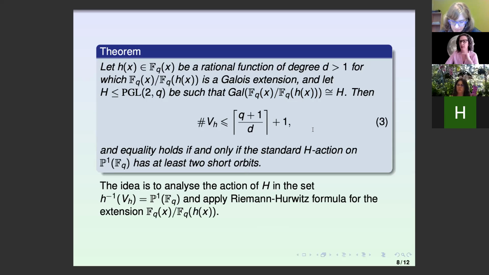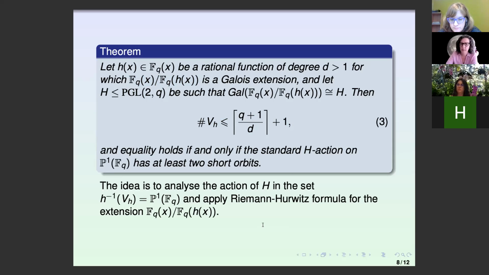You can show that you can have at most 3 orbits, and then you analyze the cases. So that's more or less the idea to prove this. So a Galois extension of this shape always gives you small value sets. And we are going to see that the opposite is almost always true.